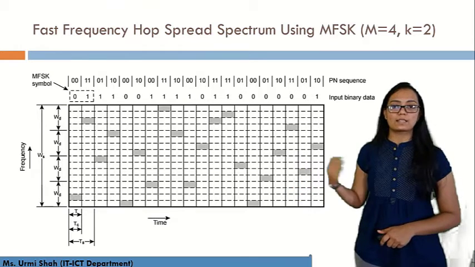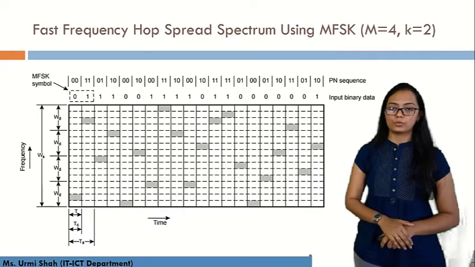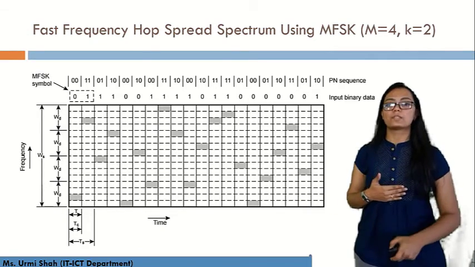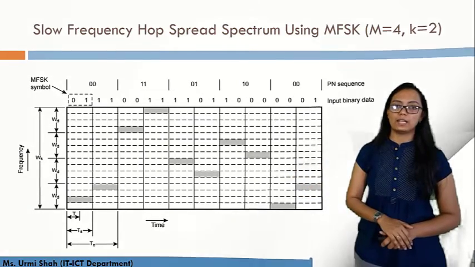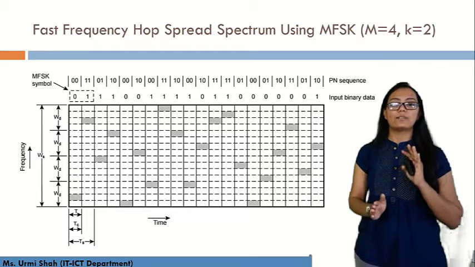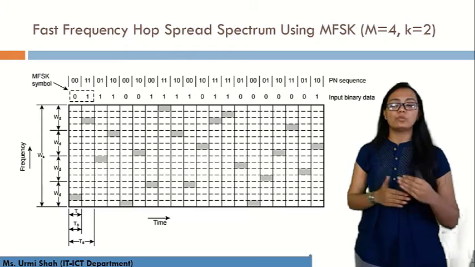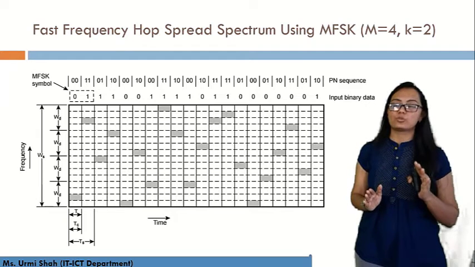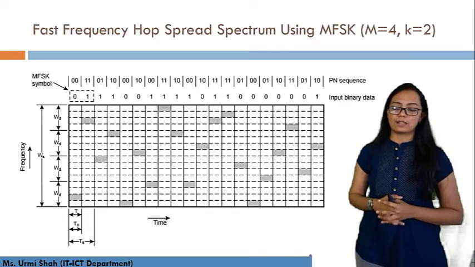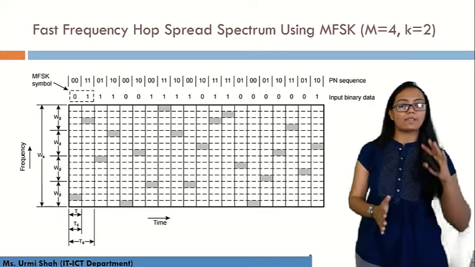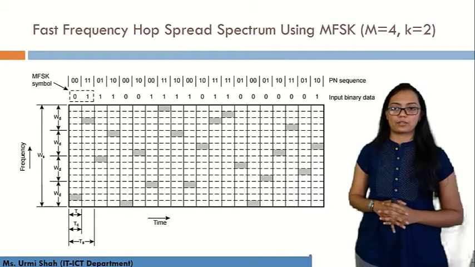Next, for fast frequency hopping spread spectrum, the diagram is visible to you. You will have more hops compared to the previous one, because there the TC period was greater than TS. Here you will have channel duration lesser than your signal duration, so you will have more matching between the pseudo noise sequence and your input binary data. The more matching you have, the more hops you will have in your frequency hopping spread spectrum.